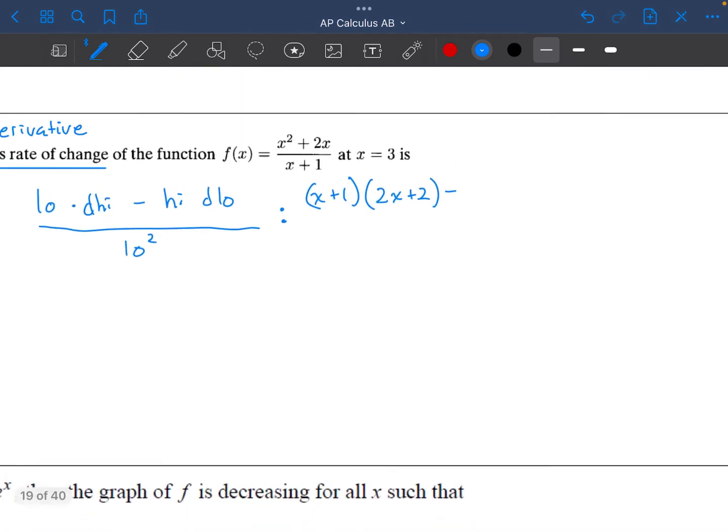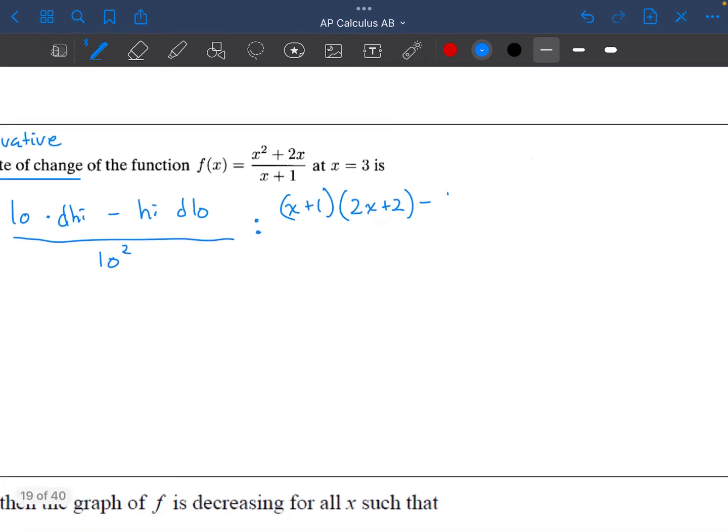Subtract the derivative of the low, which is going to be 1, times the high. I did that a little bit backwards; I should have high d low. So high is x squared plus 2x, and then I do d low. D low is just times 1. And then all of that's going to be divided by low low, which is x plus 1 quantity squared.